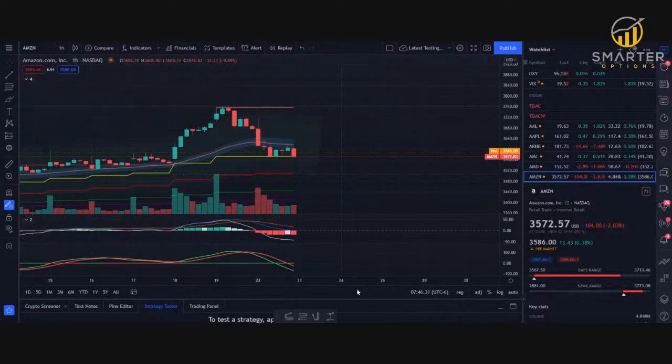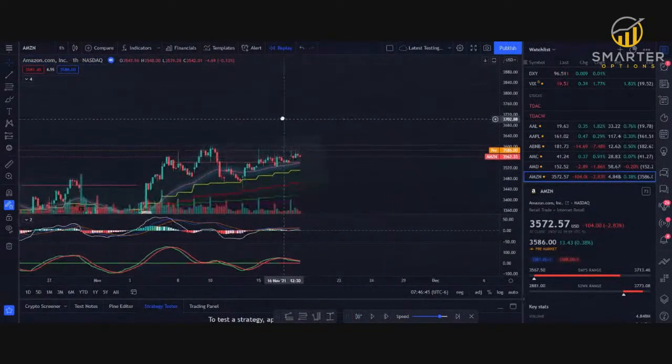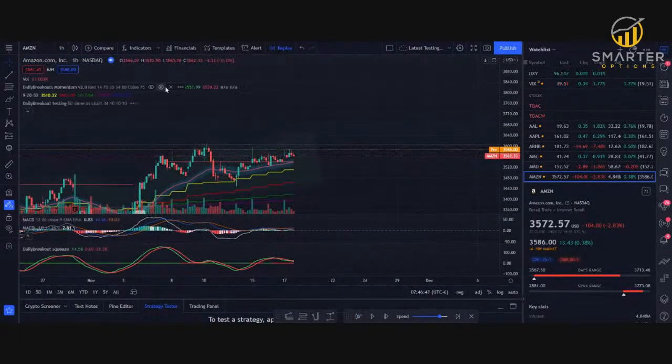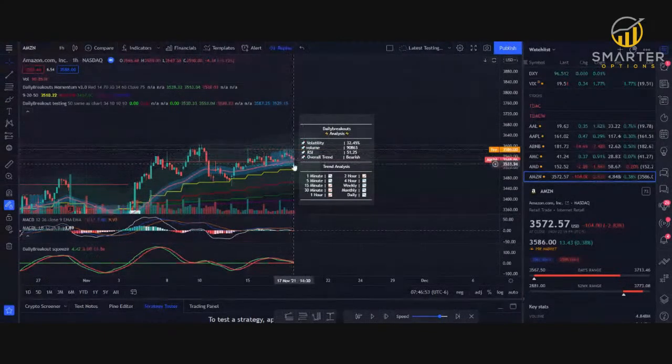Come on. We'll rewind here to right here. There it goes. Okay. So right here, it's in that consolidation zone.